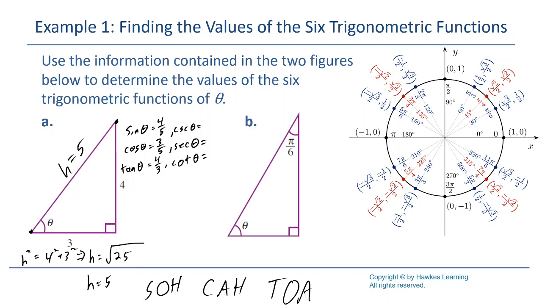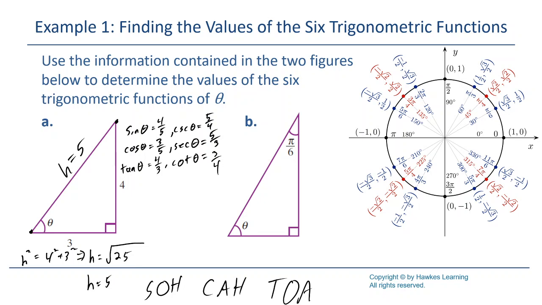And then, because I know that cosecant is 1 over sine, what that means is just flip over your fraction. So cosecant is 5/4, secant is 5/3, and cotangent is 3/4.